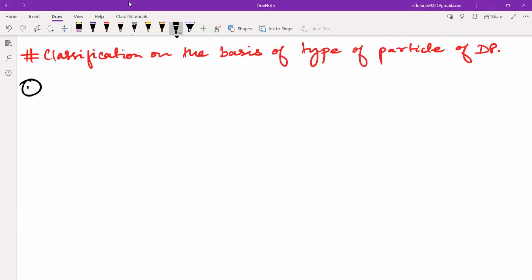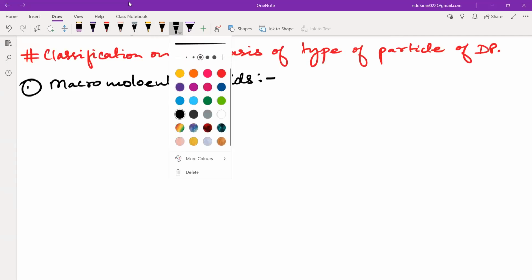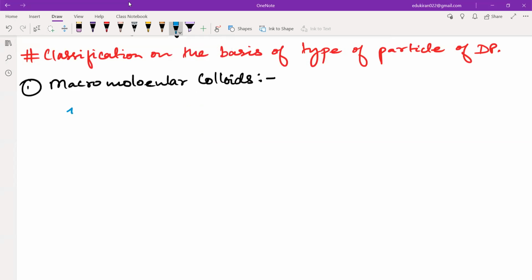By the name only you can understand: macromolecular colloids. Let us write some points here. Macromolecular means macromolecules, that means big molecules will be there.